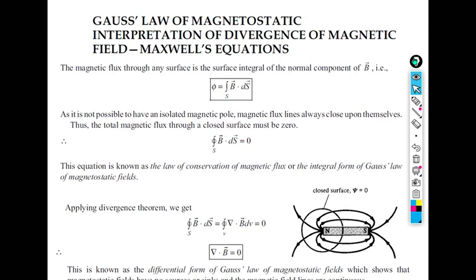Today we'll start from Maxwell's equation for magnetic field. Now, you know that if I take an open surface, we can see that flux is flowing through this surface, so we can find the flux density.